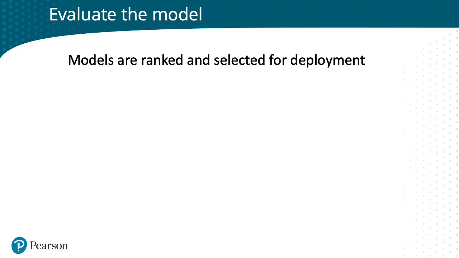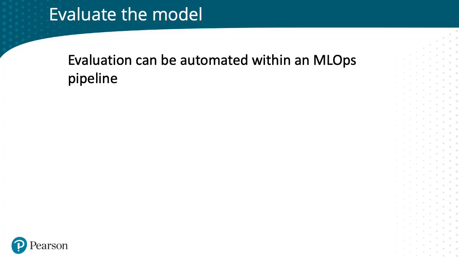So these might go to different environments that aren't production yet, and you can do some more testing to see how well different models use resources, or if there are different ways you want to send new data to the model to test it out. And this is something that can also be automated within an MLOps pipeline.